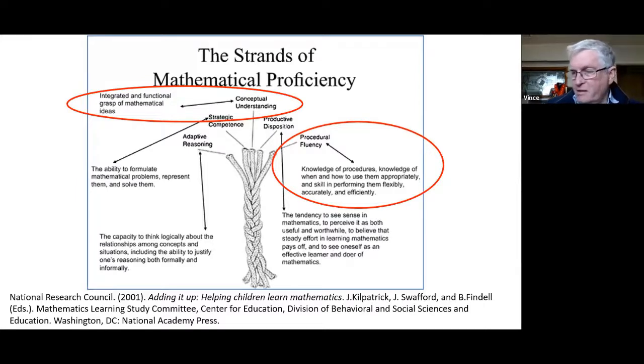So it's not just that you know how to do something, but you can actually operate flexibly about when you choose to use it, and you're accurate and efficient, which means you don't spend too much work doing it. So already in 2001, we have almost a rebalancing, and it had some impact in the States, probably not as much as it should have.